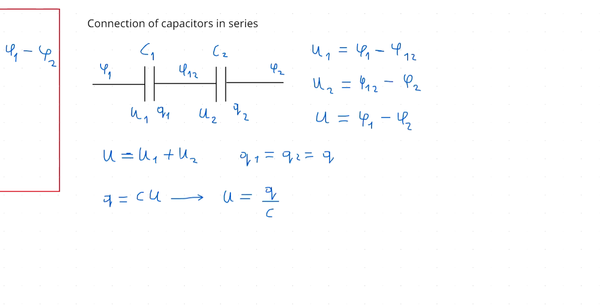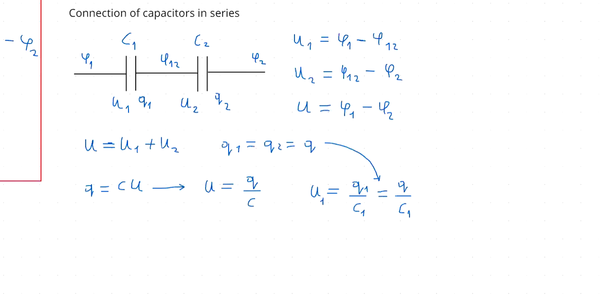A very similar thing we can do for the first capacitor, C1. For the first capacitor we have U1 and C1, and this will be equal, as we remember the equality between charges, to Q divided by C1.